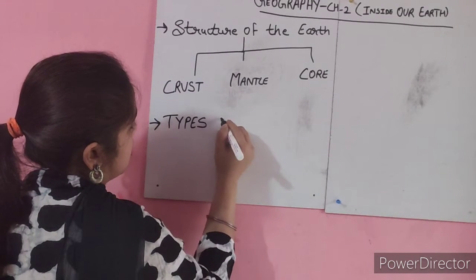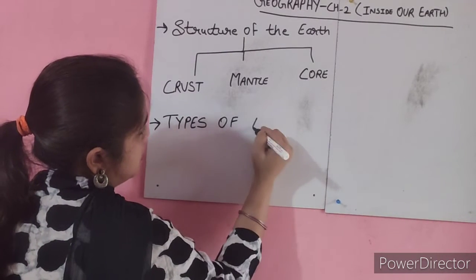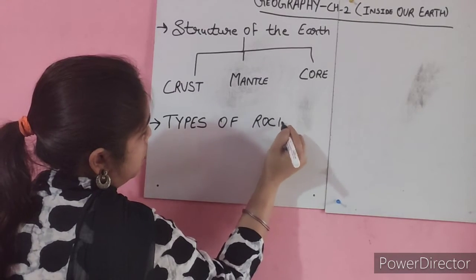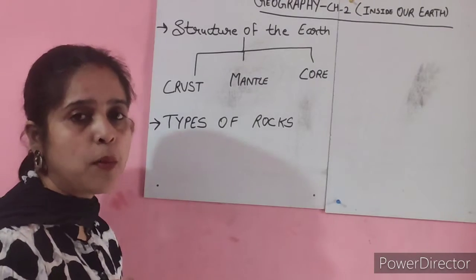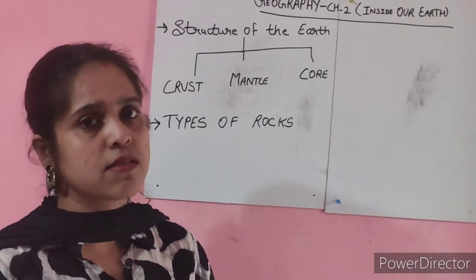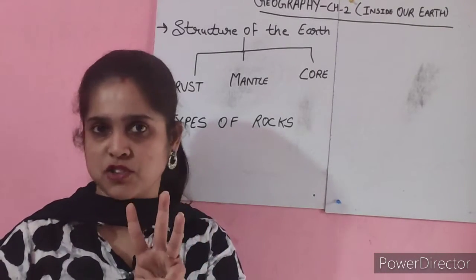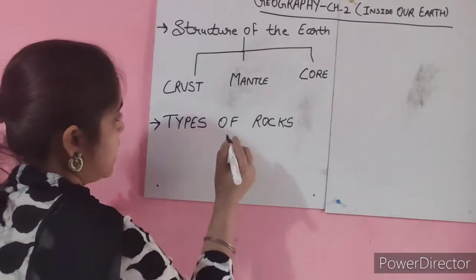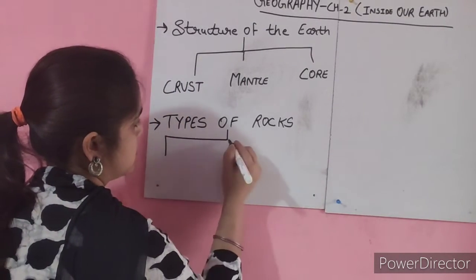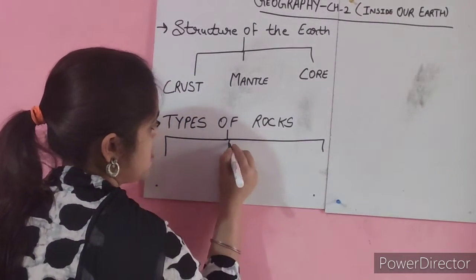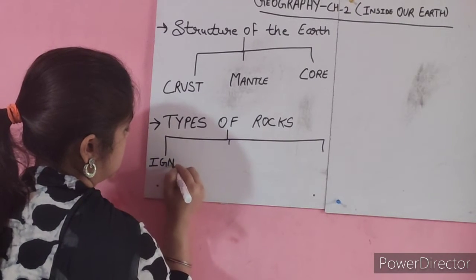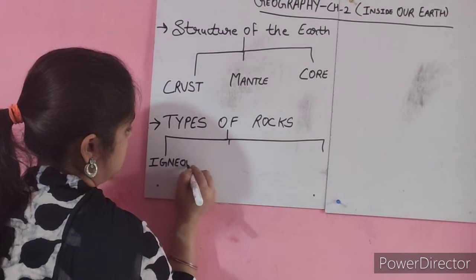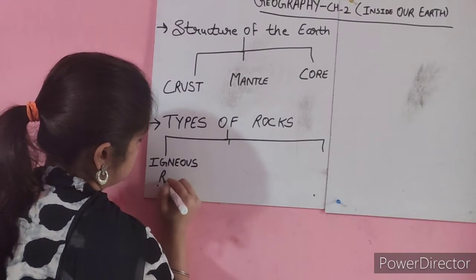types of rocks. Remember, we discussed how many types of rocks we have discussed? We have discussed 3 major types of rocks, and they are: first one, igneous rocks.